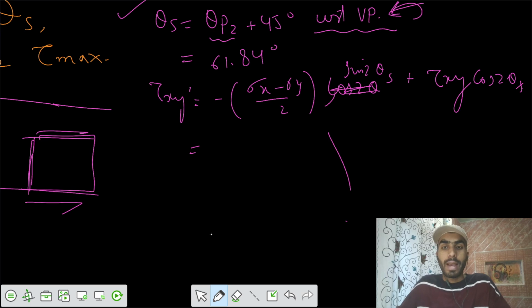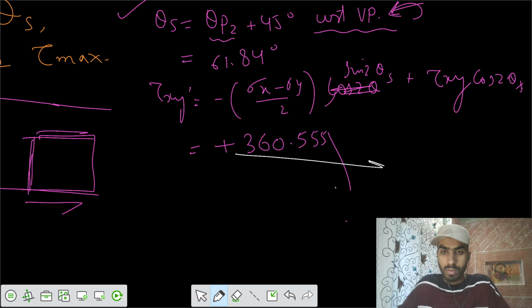You substitute these values and you get a value of tau xy dash equal to plus. So we got a positive.